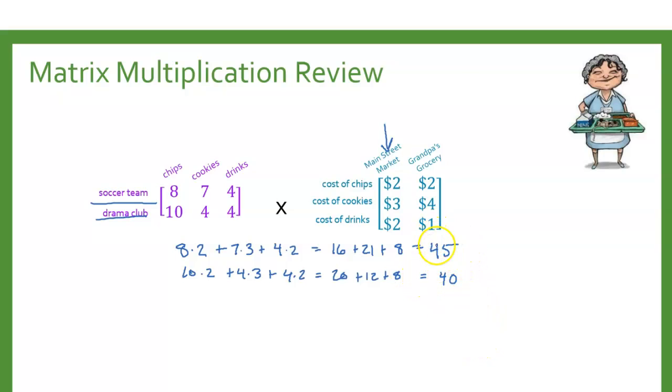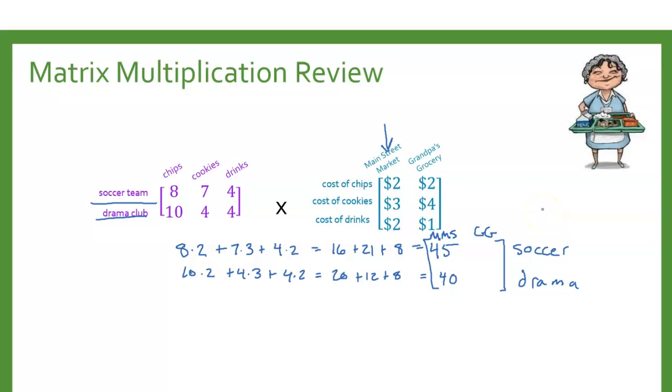And after we do all the multiplications, because we could repeat that for the soccer club and Grandpa's grocery, drama club and Grandpa's grocery, we'd end up with a 2 by 2 matrix. And this would be Main Street Market column, this would be Grandpa's grocery column, soccer team row, and drama club row. And these would be the total amounts we'd pay for each of these clubs at each of these grocery stores. So that's just a quick rundown of what we did with multiplication of matrices.